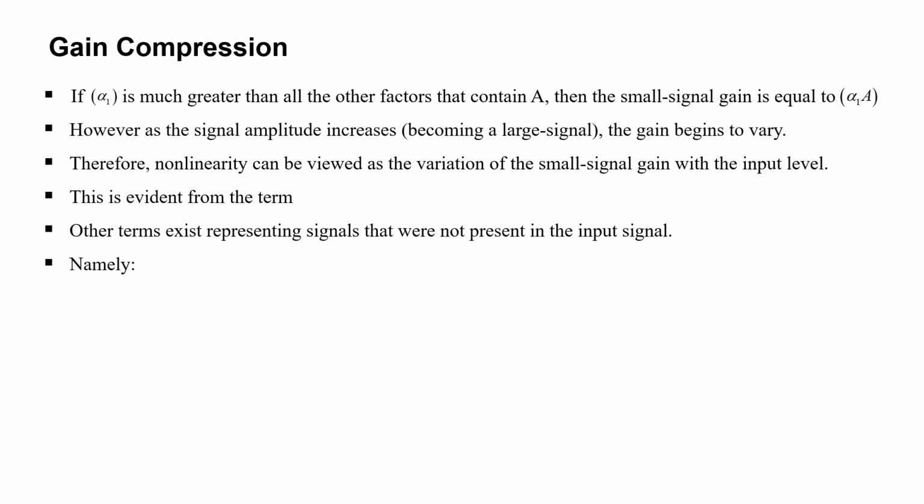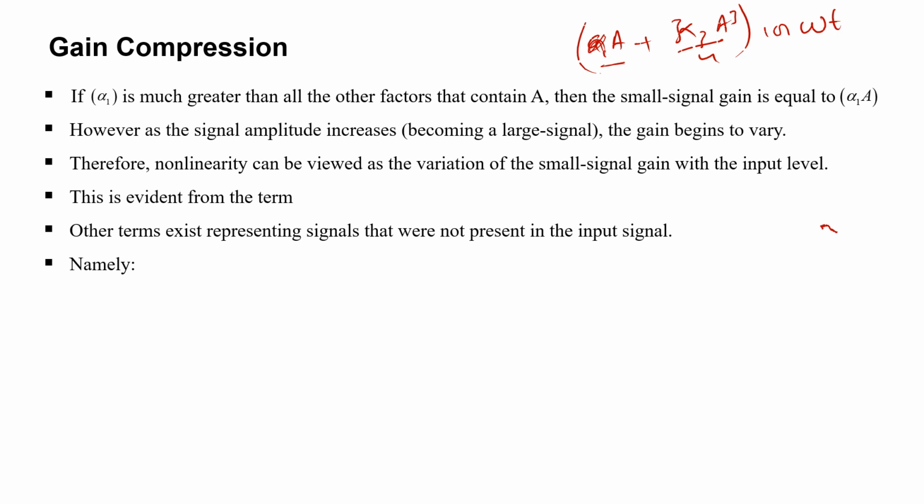Okay, so the equation was alpha 1 a plus 3 alpha 3 a cube over 4, multiplied by cos omega t. So here this alpha 1 a is actually the main participant of this first sine wave.